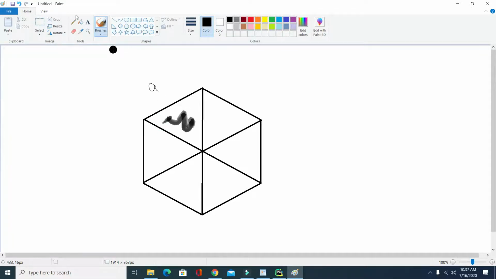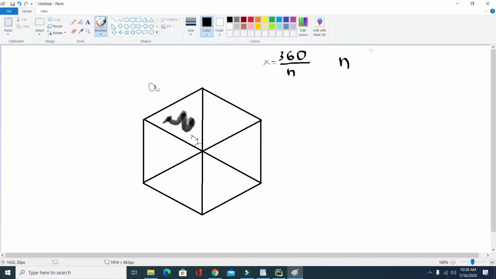We know the side a, and we know this angle, x. So x is equal to 360 divided by n, where n is the number of sides of the polygon, because that's obvious.